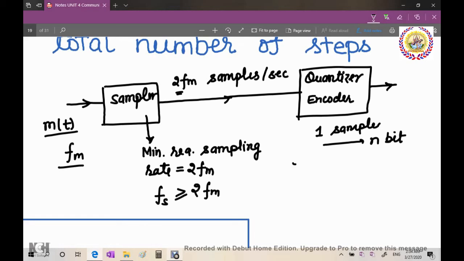As one sample is converted into n bits, twice fm samples per second will be converted into n times 2fm bits per second.